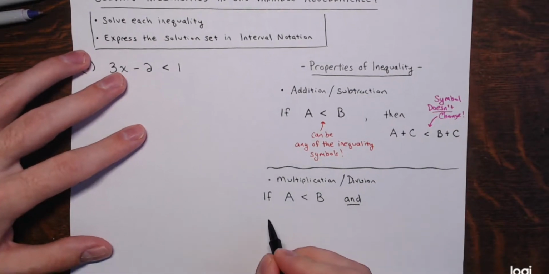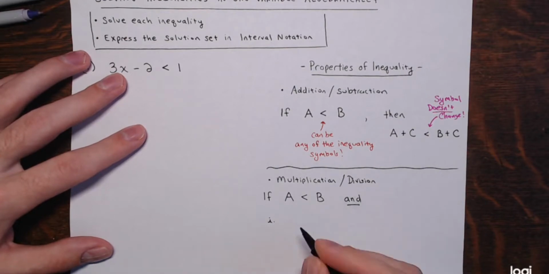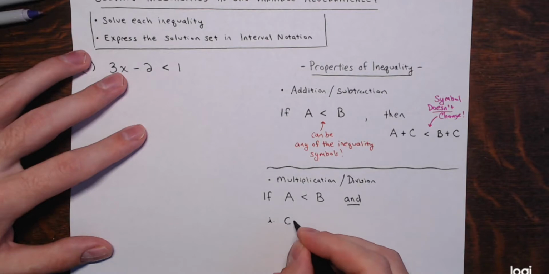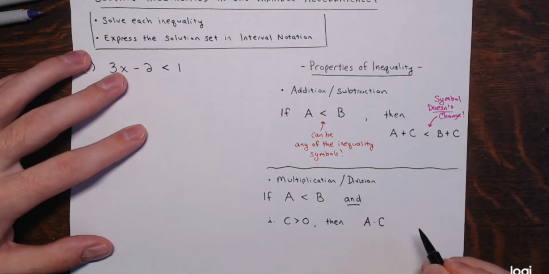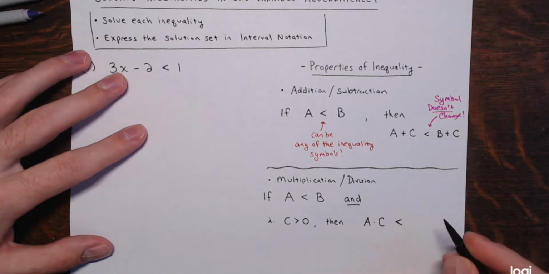And then I'll break this into two cases here. One, if C is a positive number, right? If C is a positive number, then A times C or divided by C, same thing, will still be less than B times C, right?